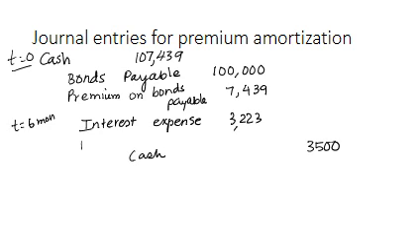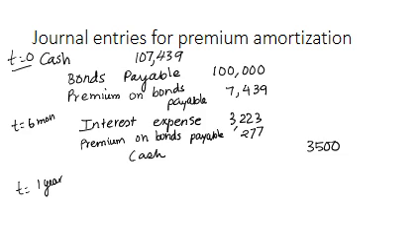So now the premium on bonds payable is the debit here, and the amount for this equals 277.